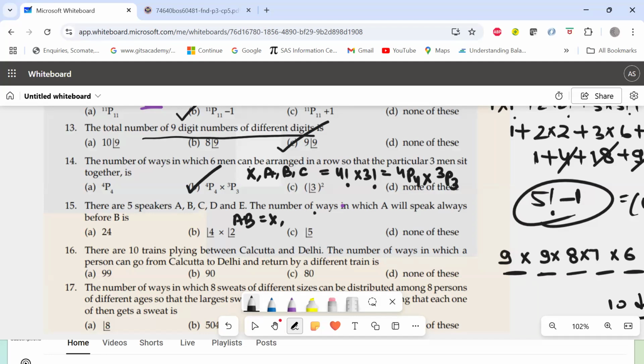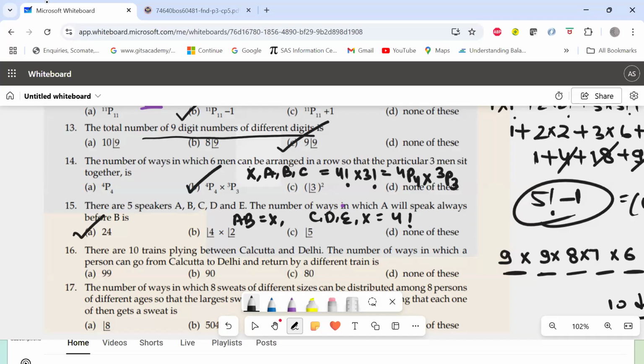So you have C, D, E and X. In how many ways can they be arranged? 4 factorial ways, which is 24. In that, A and B will not interchange places because A should always speak before B. So X is AB, not AB and BA. It's AB only because A should be before B.